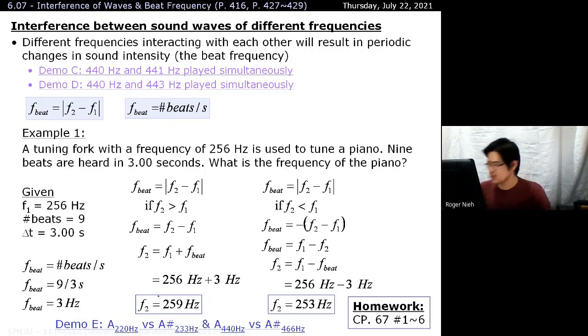One more demonstration just to show you guys. I don't know how well it will come out as a recording, but some people like to tune their guitars using harmonics. And when they're tuning their guitars using harmonics, they are paying attention to the beat frequency. For example, if I want to artificially make my bass E 2 octaves higher, I need to make the string 4 times shorter.